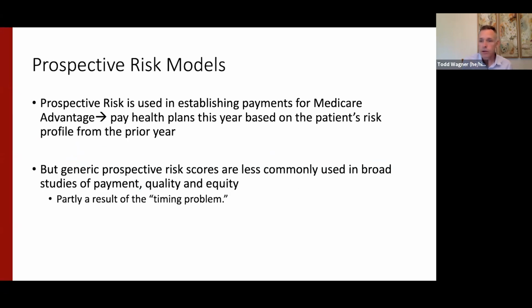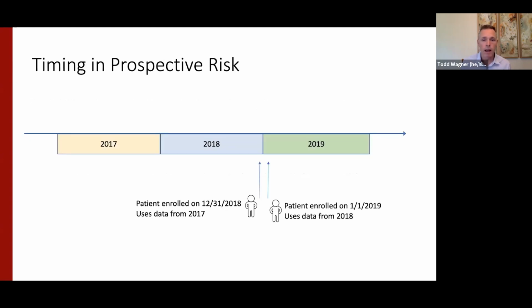Like I said, it's used for Medicare Advantage, where they're using information from last year to create payments for this year. But the generic prospective risk scores are not typically used in health services research because there's this timing issue. These are typically scores based on a calendar year or a fiscal year, and so you can end up with people who are a day or two apart.